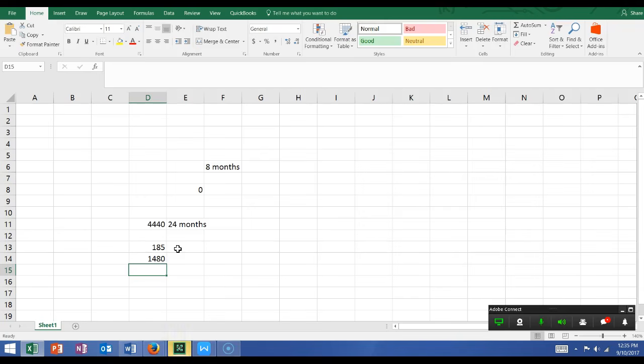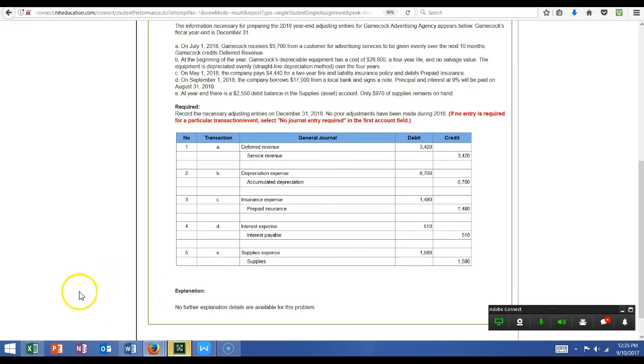Now, next, interest expense. On September 1st of 2018, the company borrows $17,000 from a local bank and signs a note. Principal and interest at 9% will be paid on August 31st, 2019.